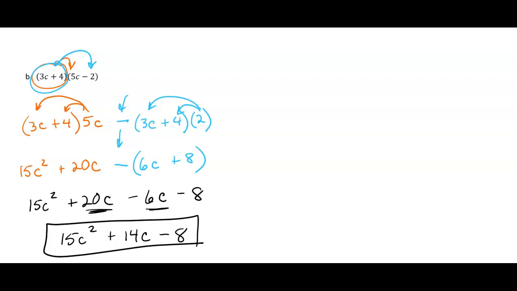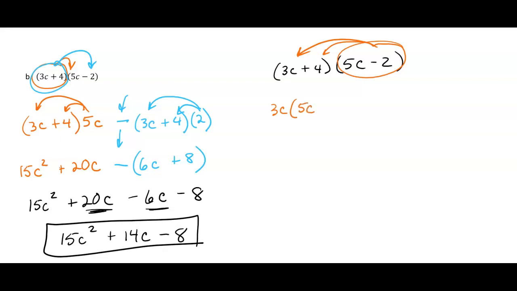You might want to see this one written differently, so let me do this real quick. I won't take quite as long with it. Let's try going the other way. Let's distribute this in this way. Then we will have less problems with that minus sign. So you would get 3c times 5c minus 2 plus 4 times 5c minus 2.